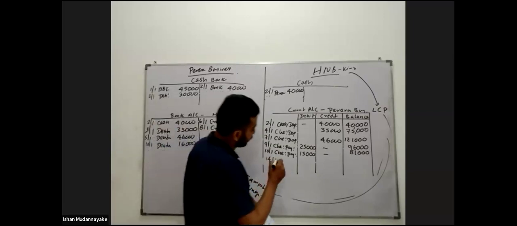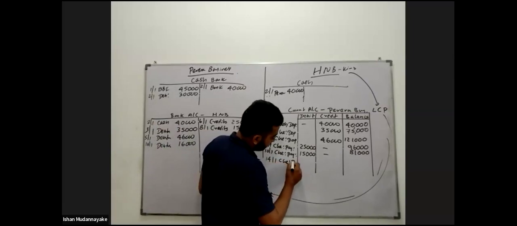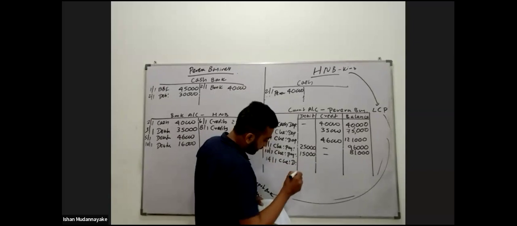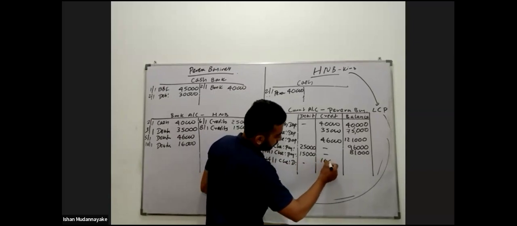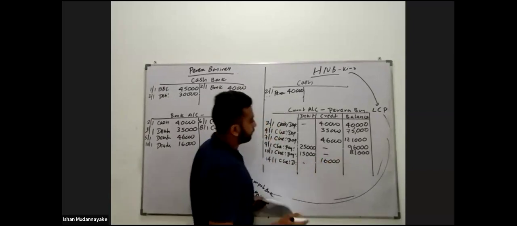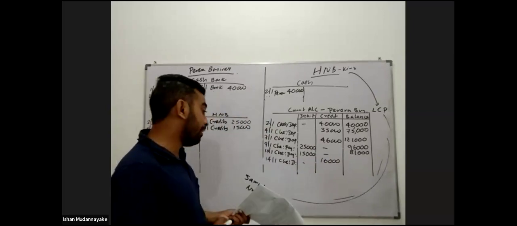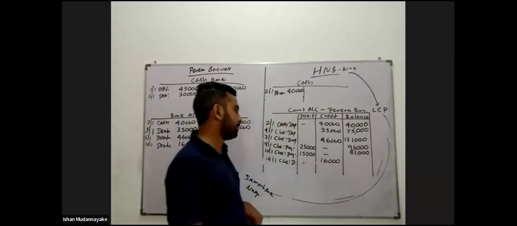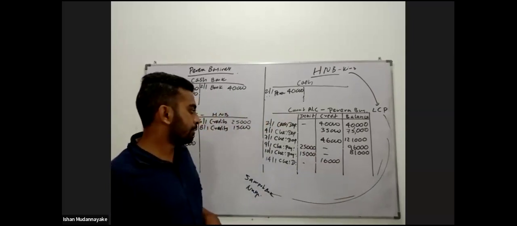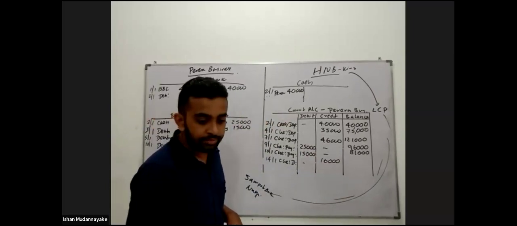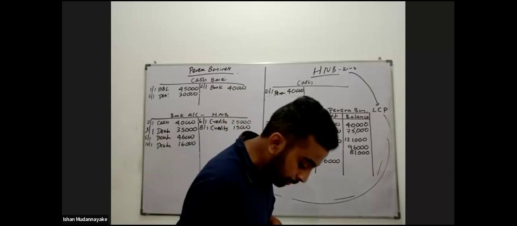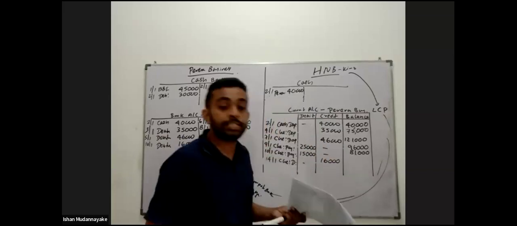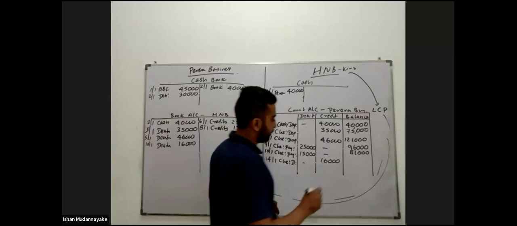Here, write down check deposit 16,000. Right now, balance available is how much? 81,000 plus 16,000, 97,000. Balance available 97,000.